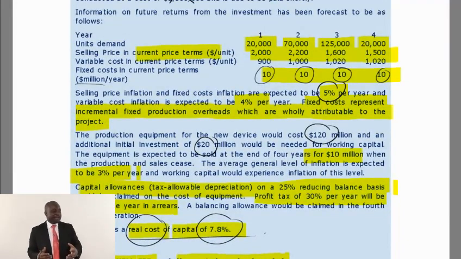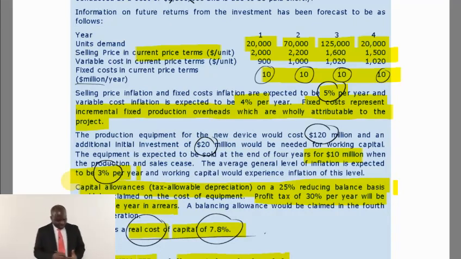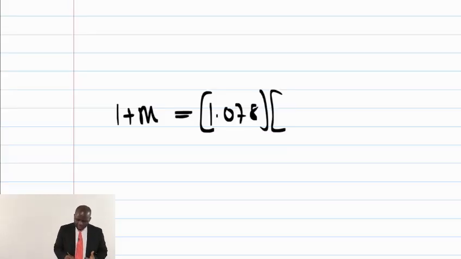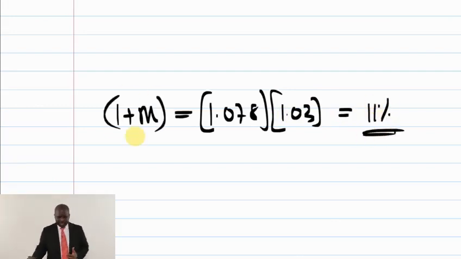They've given us selling price inflation, variable cost inflation, fixed cost inflation. Okay, they've given us general inflation of 3%. The inflation rate that you need should always be the general inflation rate for the conversion of real to nominal or nominal to real. So I would have to pick the 3%, 1.03. And this gives about 11%.